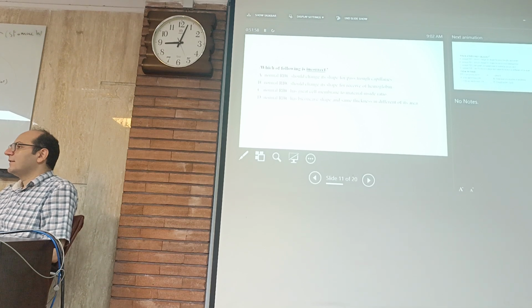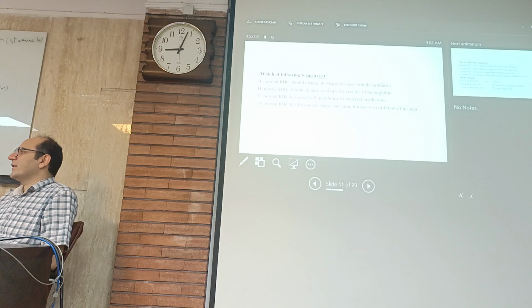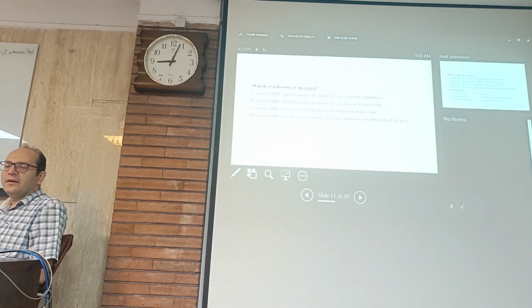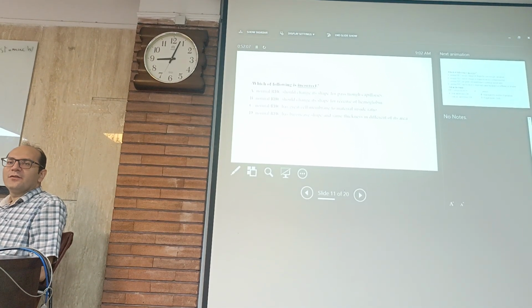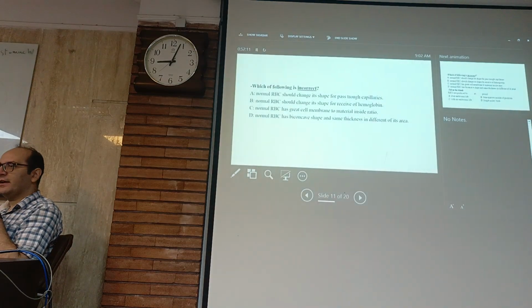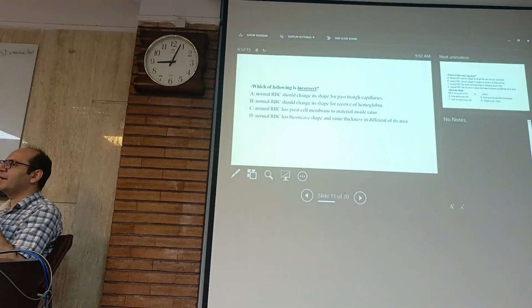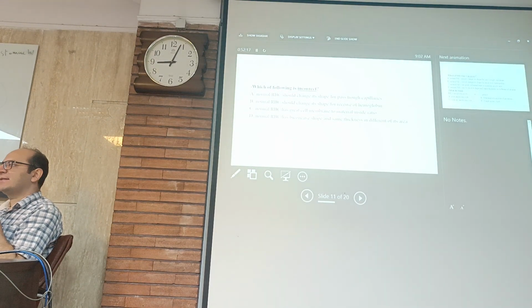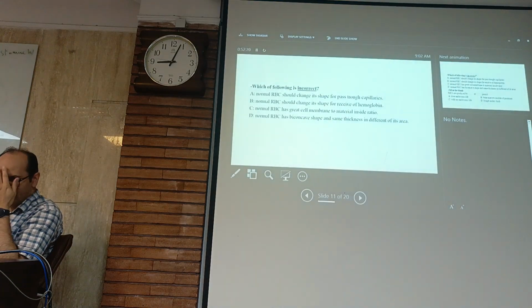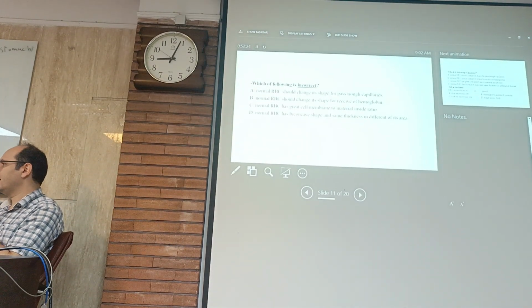D. Last choice, D. D is an incorrect sentence because you know that RBC doesn't have the same thickness. Okay? The thickness of RBC is different. For example, thickest at the margin and thinnest at the center. Okay?